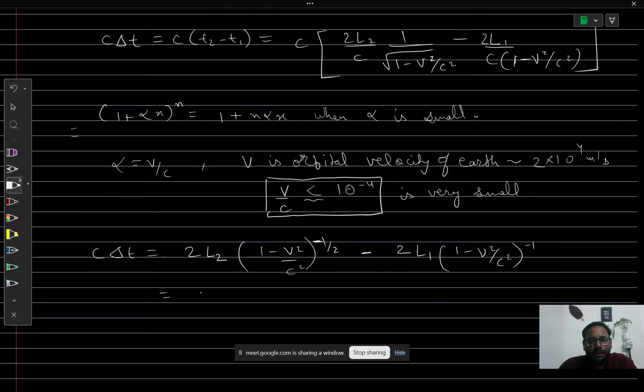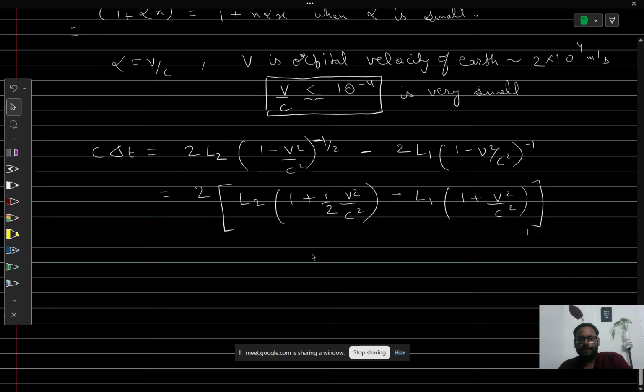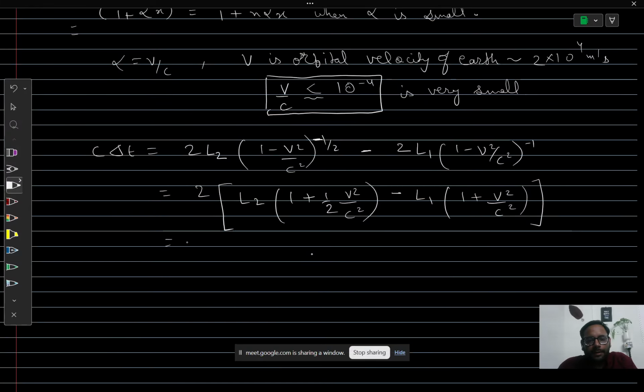So we can write it as 2L2 times (1 plus half v squared by c squared) minus 2L1 times (1 plus v squared by c squared), right?